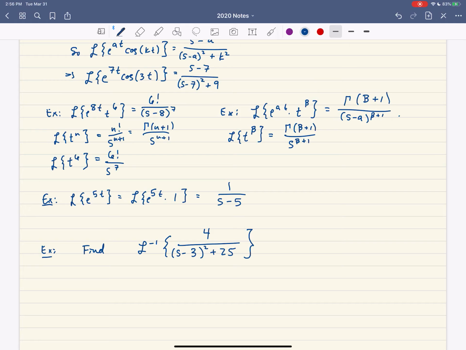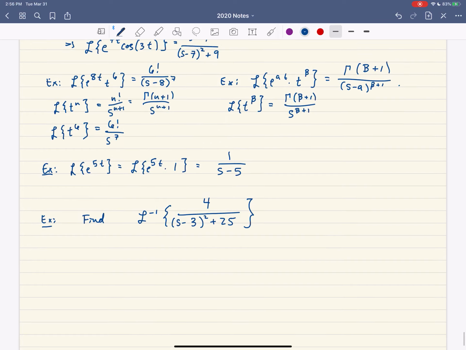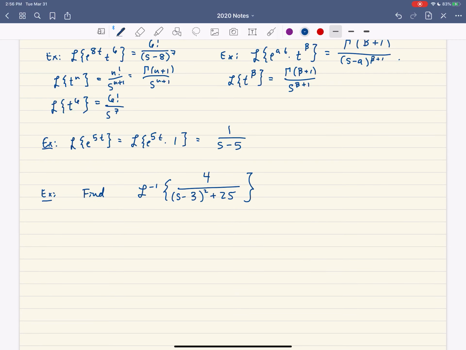There's a nice way to unshift this. Let me say this a slightly different way. If I have s minus 3, that means that we originally had an e to the 3t. So I can think of that as e to the 3t times the inverse Laplace transform of the unshifted version, 4 over s squared plus 25.